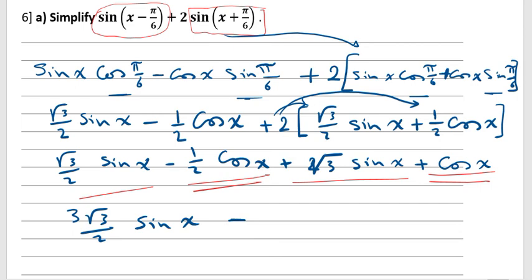positive 1 over 2 cosine x. And this is the final answer.